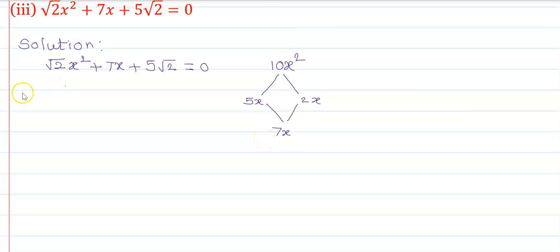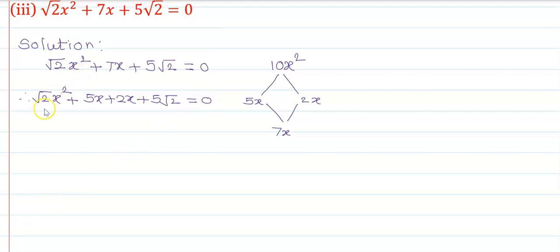And therefore we write here the factors. Root 2 x square plus, now we can write this 7x as 5x plus 2x, and the remaining term as it is, 5 root 2, and that's equal to 0.